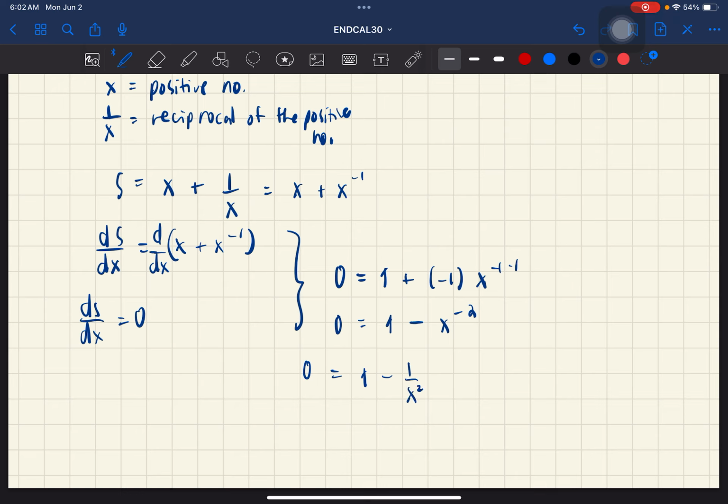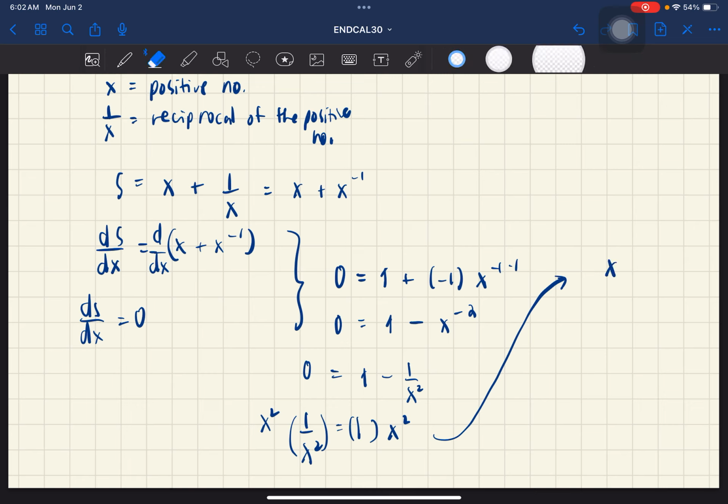We transpose 1 over x squared. And then we multiply x squared on both sides, which will give us on the left hand side 1, x squared will cancel out on the right, then you have x squared equals 1. When you get the square root of both sides, you'll get x as positive and negative 1.